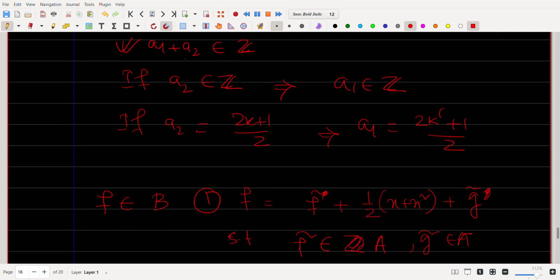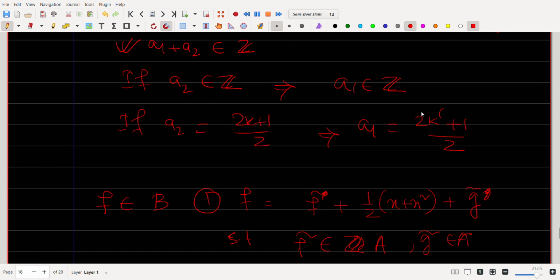If f doesn't belong to A, then you can write f in this form. Why? Because in that case, if a2 and a1 are all integers, that means f itself is inside A.